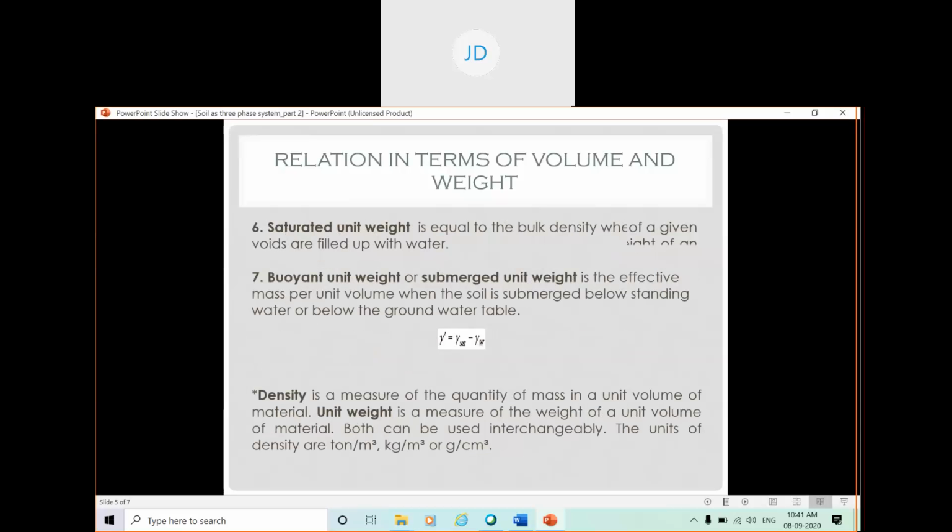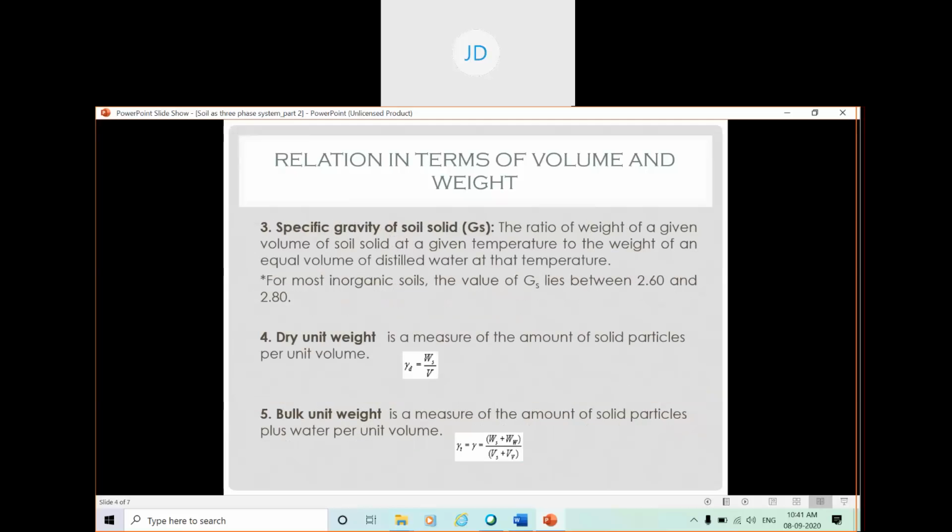Fine. So after this, we'll go to the next. Next, we'll discuss saturated unit weight and submerged unit weight or buoyant unit weight. Now, what is saturated unit weight? I think you all know about bulk unit weight. What is bulk unit weight? Total weight divided by total volume.